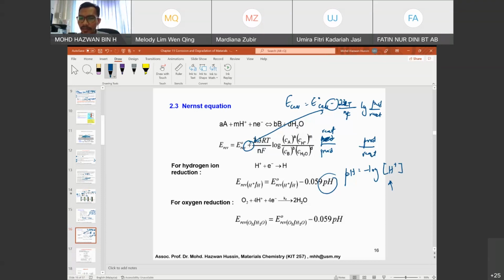As I said, this is just mathematical reasoning. Sometimes they use log, sometimes they use ln. For the natural log, 2.303 is equal to log 10. So that is why you can have a variation of 2.3 or sometimes 0.059. These have been calculated with the gas constant and also the temperature.